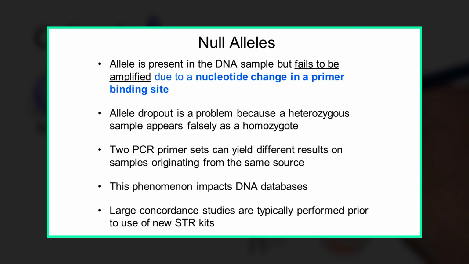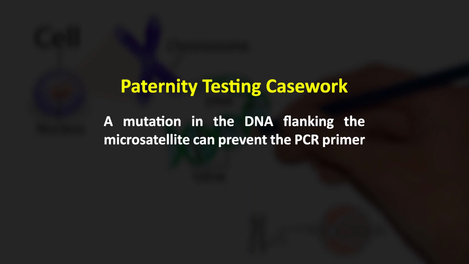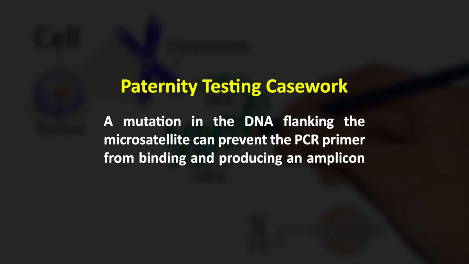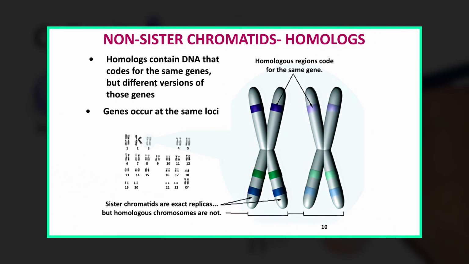Occasionally, with a sample of individuals, such as in paternity testing casework, a mutation in the DNA flanking the microsatellites can prevent the PCR primer from binding and producing an amplicon, creating a null allele in a gel assay. Thus, only one allele is amplified from the non-mutated sister chromosome, and the individual may then falsely appear to be homozygous.